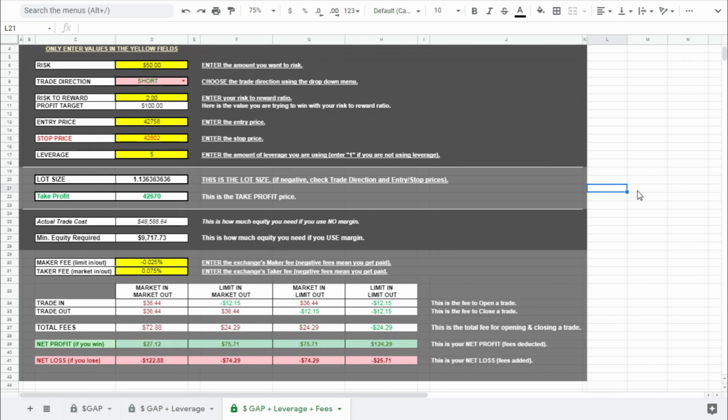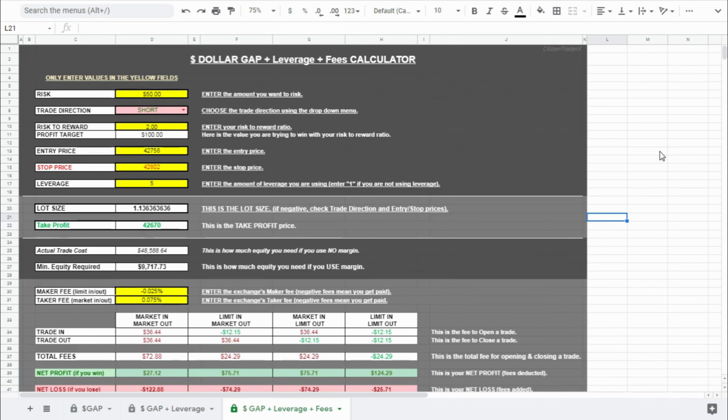But it's pretty straightforward to use. Only punch in information in the yellow cells. Choose your direction. That's pretty much it. Of course, I have instructions on the side in case you've forgotten.